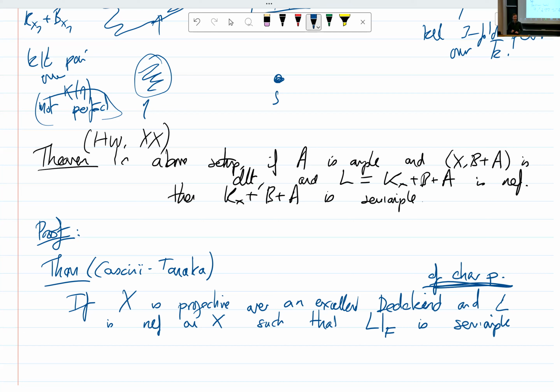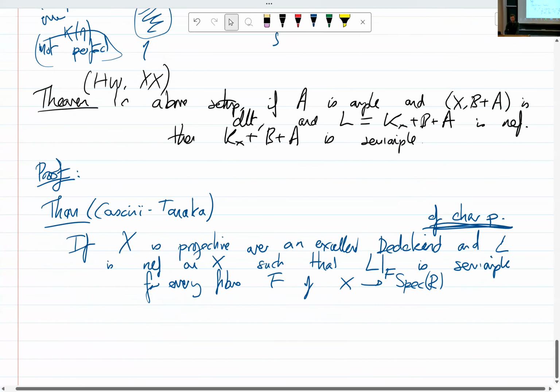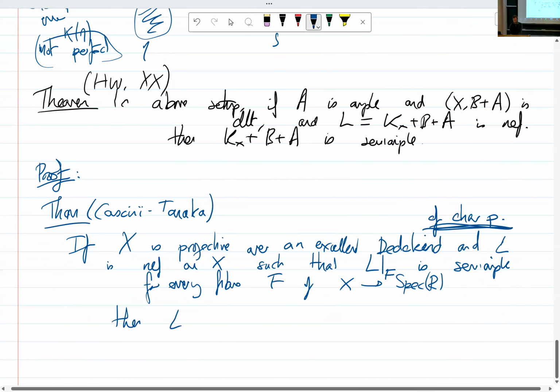Okay, that's important, sorry. And L restricted to F is semi-ample for every fiber F of X to, well, the excellent Dedekind domain. Okay, then L is semi-ample.